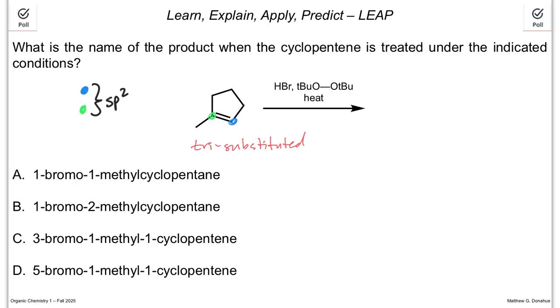The substituents here are going to be in red. So the reason that matters is because it helps you classify the radicals that are formed.